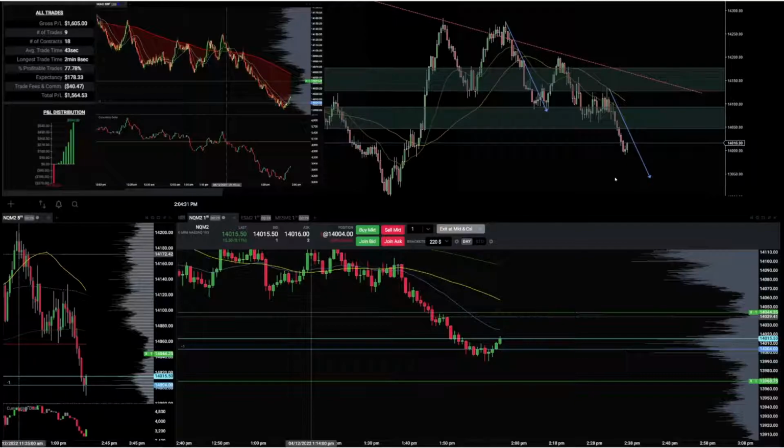So I was kind of waiting, and my exit plan was maybe right around here. But my actual plan, hope, was that I wanted to see the price test this 25 and then reject from 25 and then continue the down move.